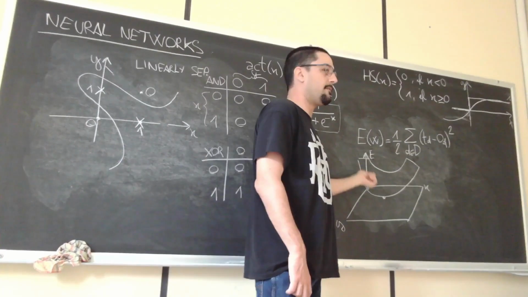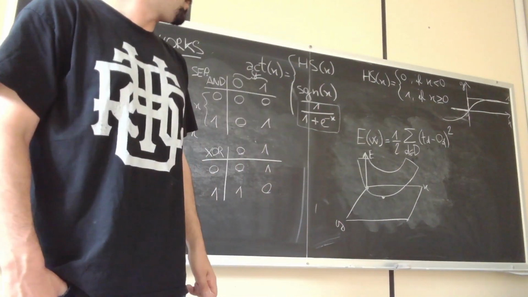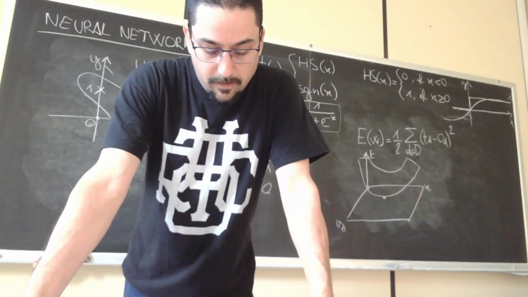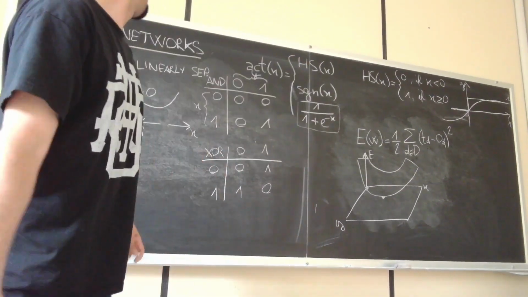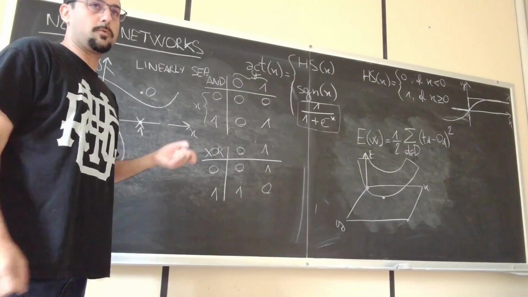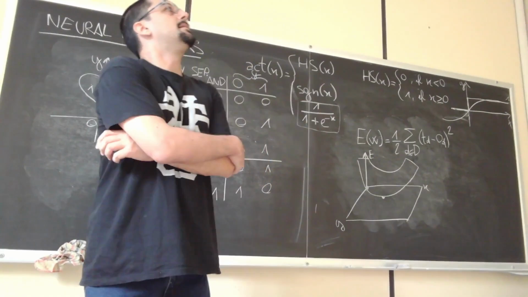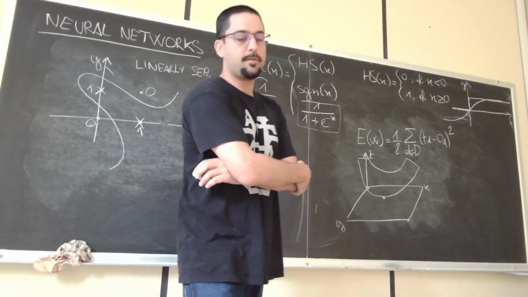Otherwise, we cannot have a nice shape like this in the error plot. So this is all good. The only thing is that this is still not satisfying, because using a single neuron you have, let's say, a very incomplete representation of what you can do with artificial neural networks.